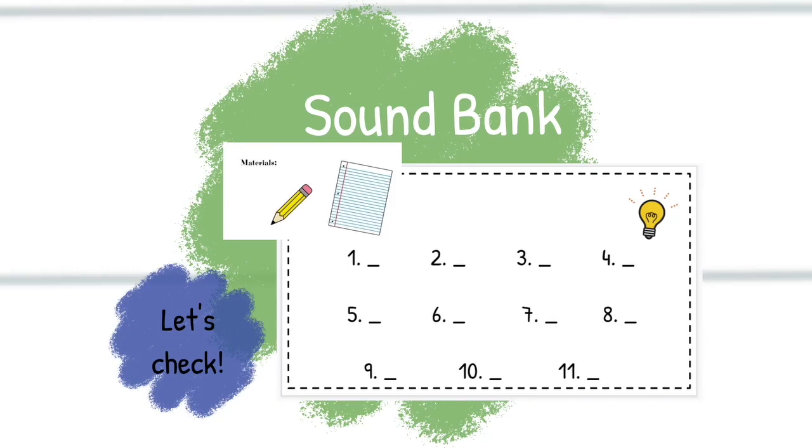It's just that that sound can make 2 different sounds. Number 6, sh, like ship. 7, eh, like egg. 8, p, like pig. 9, t, like top. 10, n, like nest. And the last one, number 11, is i, like igloo.